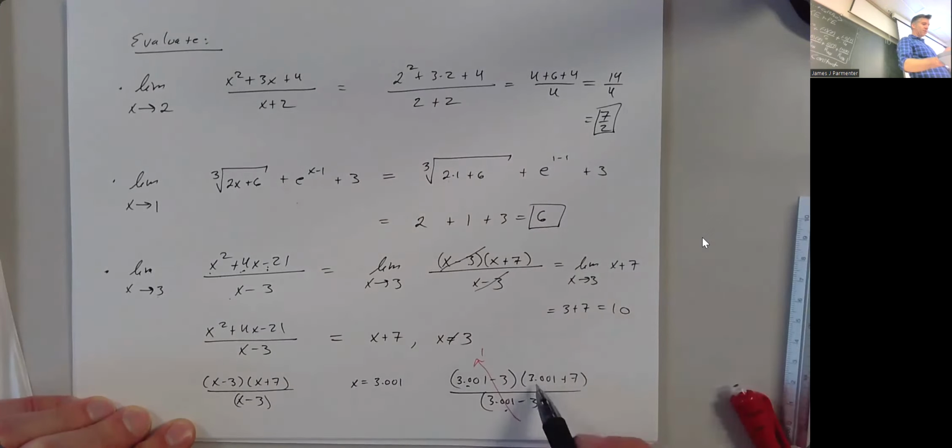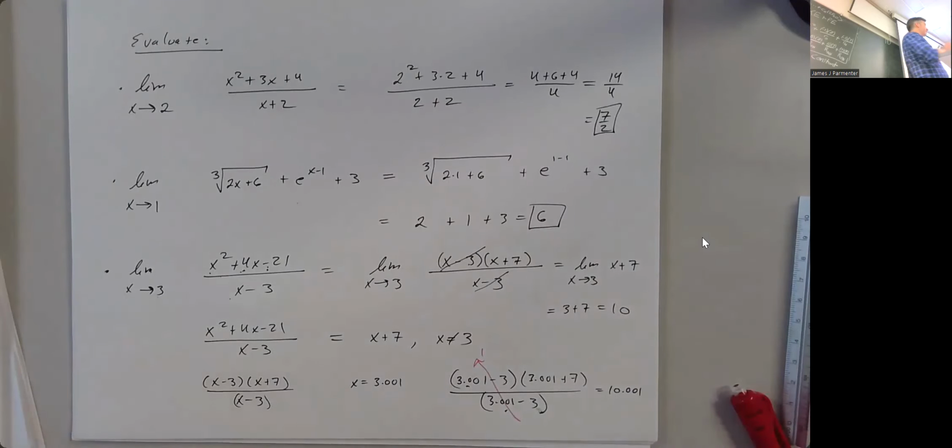And so you're left with 3.001 plus 7, which is 10.001. So we can see that as we're getting x values closer and closer to 3, the function values are getting closer and closer to 10. Now, we don't do it this way because it's a pain, but that's the idea.